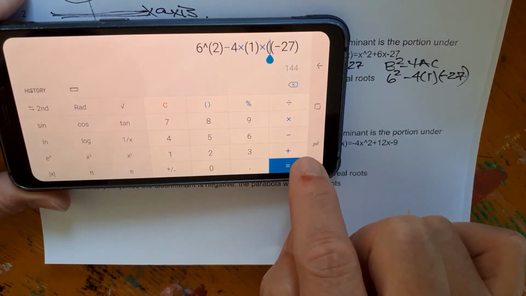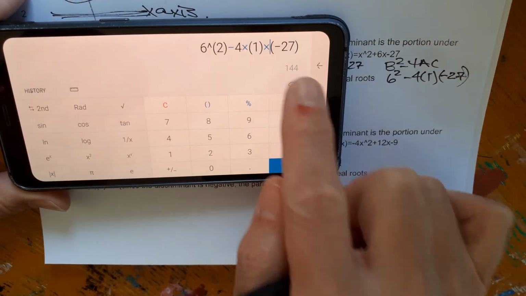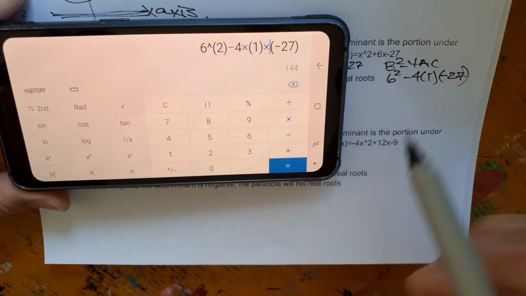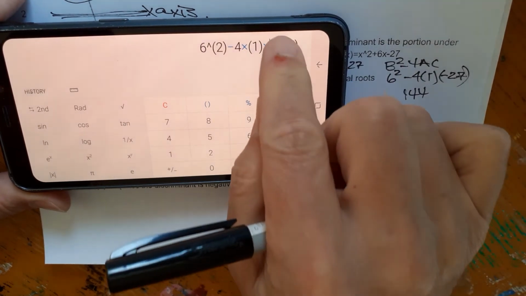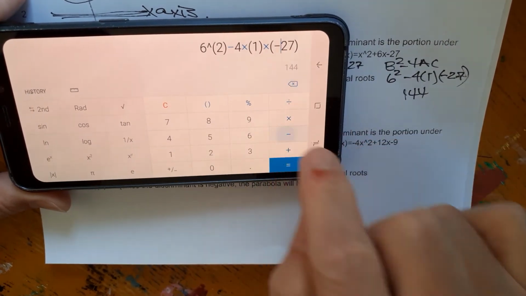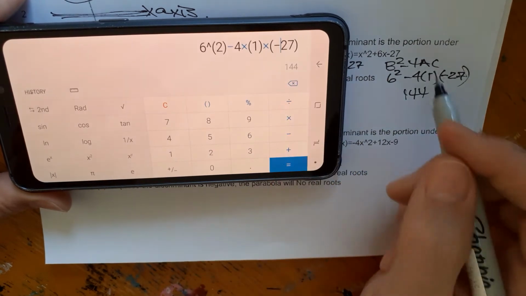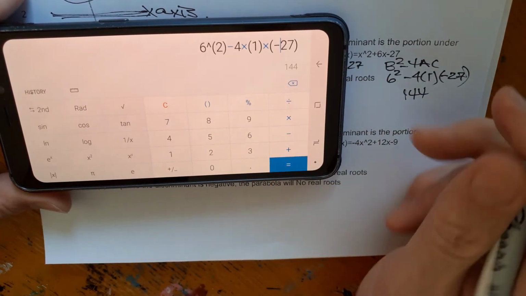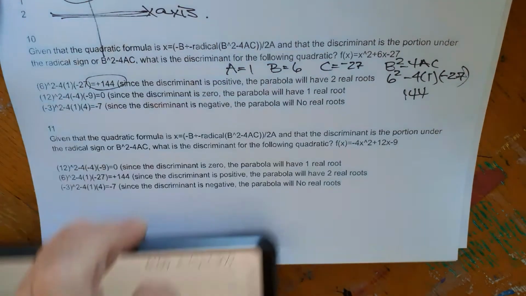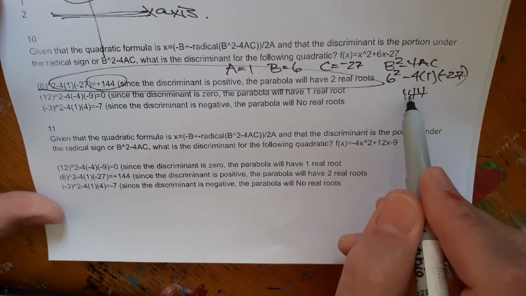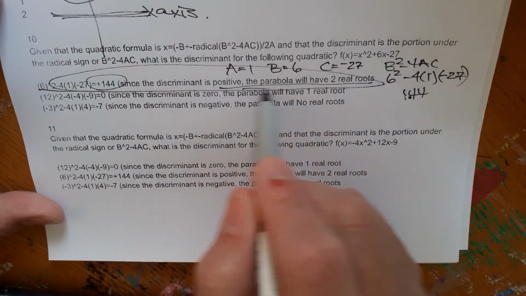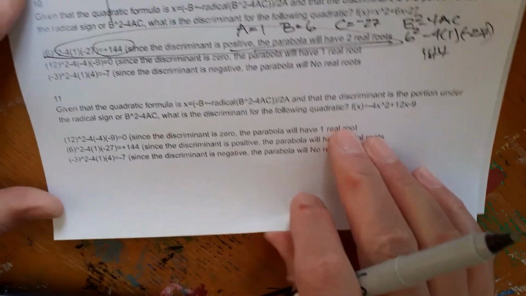I'm having trouble today. Okay, back up here. 144. I think I put in 127 last time. Let's take this out and make sure it's a minus. 144. Good. I typed it wrong. I wish I hadn't erased it. All right. So given the fact that this is a positive number, 144, we're going to have two real roots. That's what we're headed for.